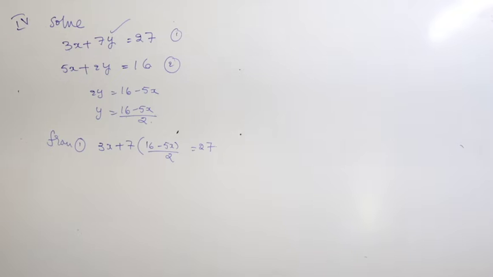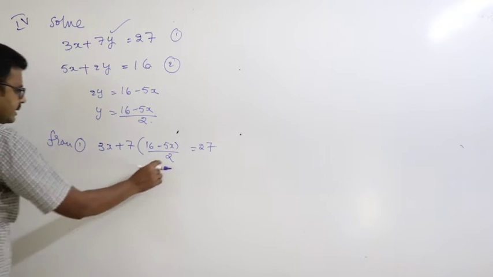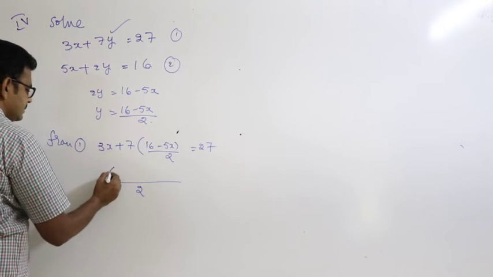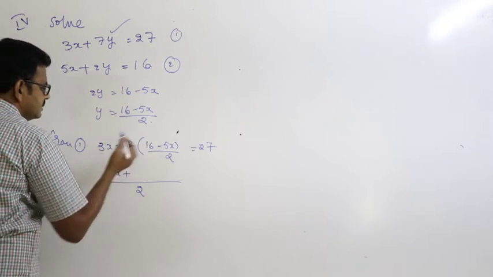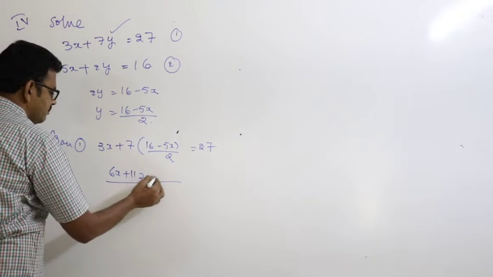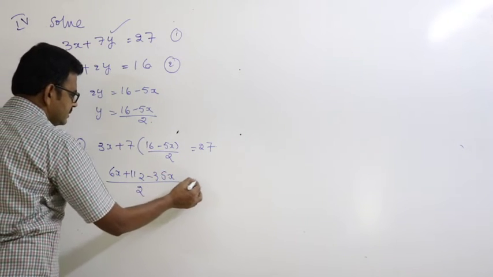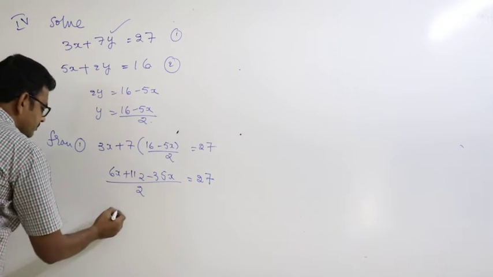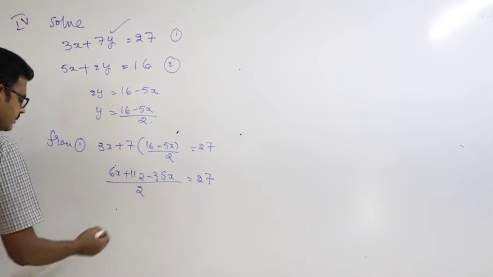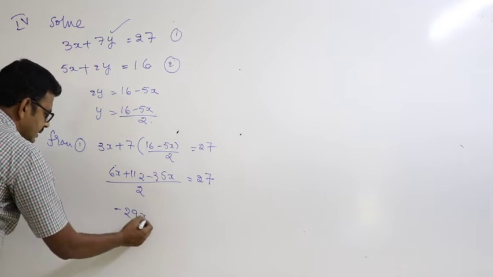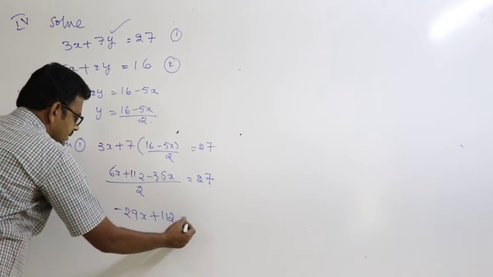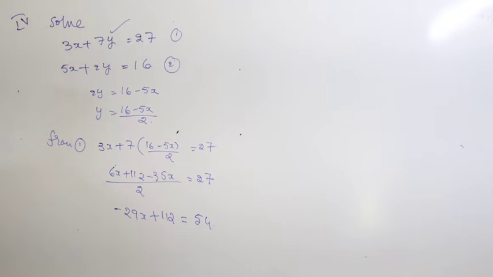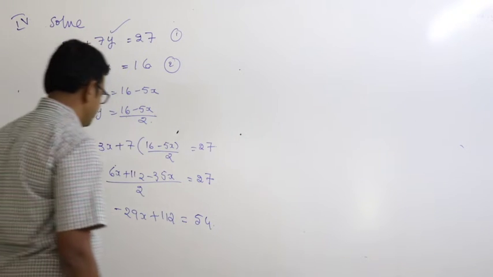27. So by taking LCM, 2 is LCM. So this is 6x plus 16 sevens are 112 minus 35x is equal to 27. Therefore, 6x minus 35x, that is minus 29x plus 112 is equal to, by cross multiplication, 54.